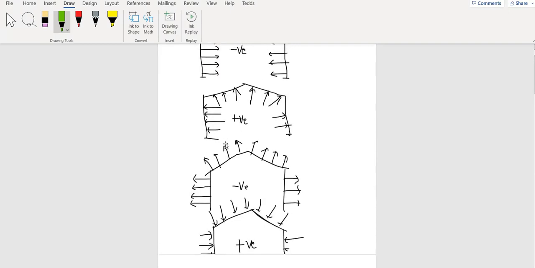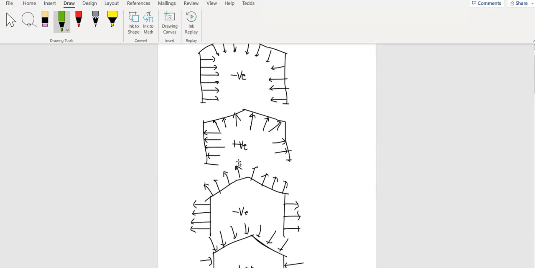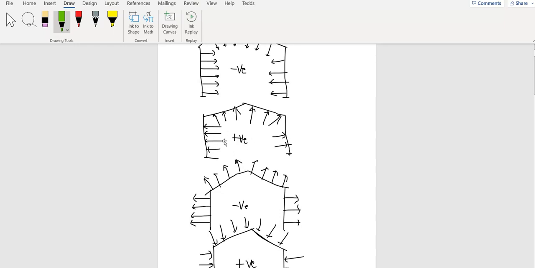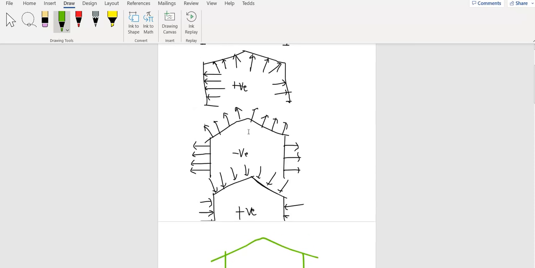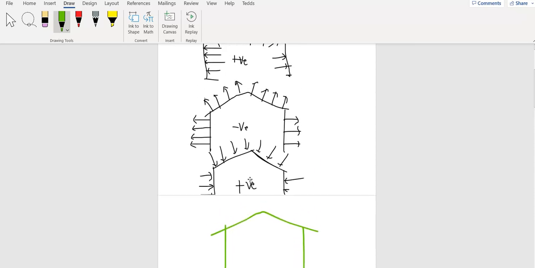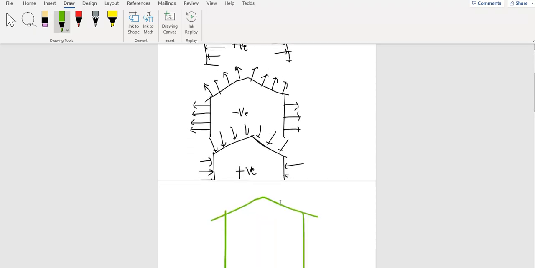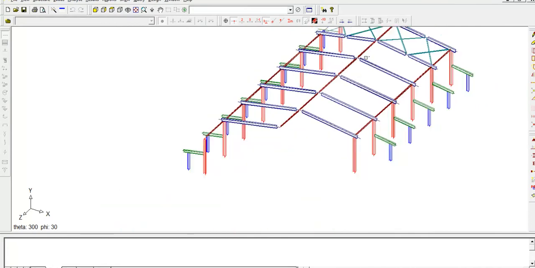We have two types of pressure. We have internal pressure, which can be negative, the pressure that's away from the surface, and positive internal pressure, which is the pressure towards the surface. And we have external pressure, which is likewise away from the surface or towards the surface.